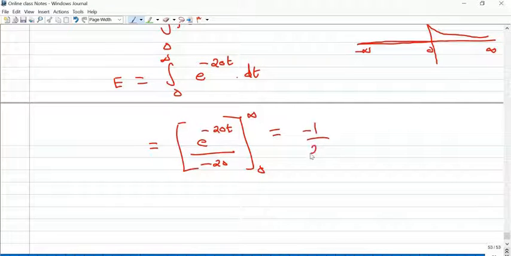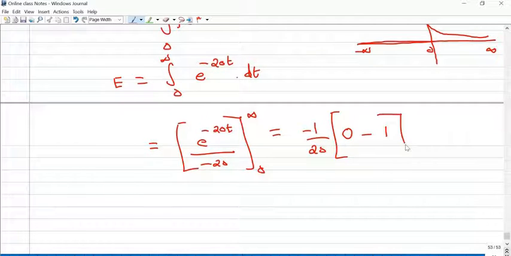Take minus 1 by 20 outside. E power minus infinite is 0, and minus e power 0 is 1. So minus into minus 1 gives 1 by 20. Energy is 1 by 20 joules.